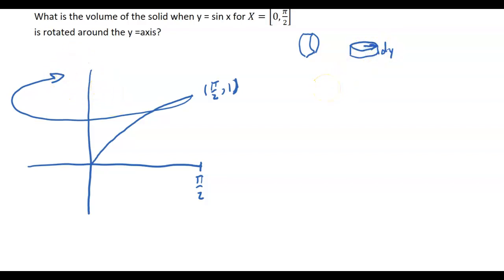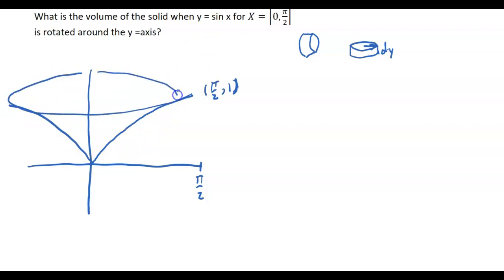So if I draw this out, it's going out like this, it's going around the y-axis. Here's a representative disk. Here's our point, x comma y. Then our height is dy, and our radius right there is x, because going from the y-axis out to the point x comma y.